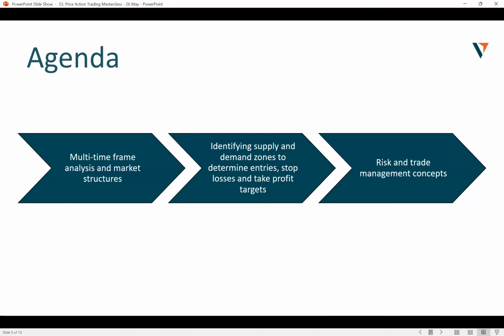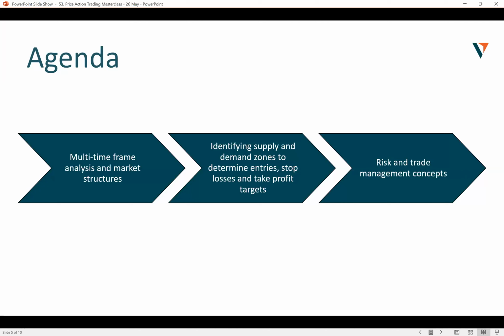So this will be looking at an analysis on euro dollar across multiple time frames, following which we will also take a look at how we can use supply and demand zones for our entry, stop losses, and profit targets. After this, right, we will take a look at our risk and trade management concepts, right? So in terms of shifting to break even and when do you want to take partials. So this is the agenda that we will be covering for today, right?